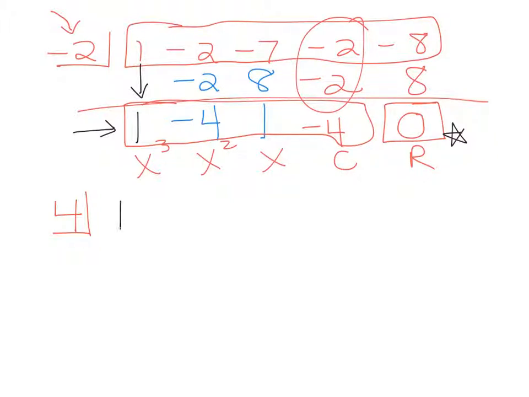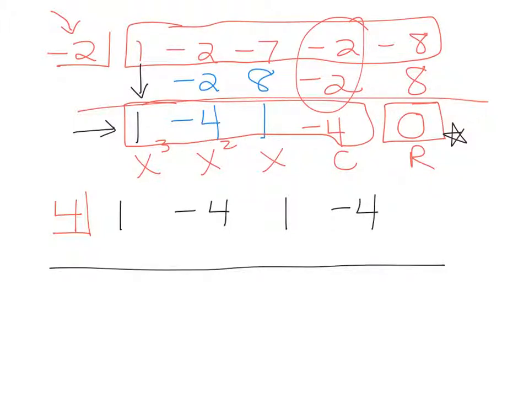So I have 1, negative 4, 1, and negative 4, and I'm going to carry down the 1, and 1 times my divisor of 4 is going to give me positive 4. I get a 0 there when I add that column. 0 times 4 is going to give me a 0.